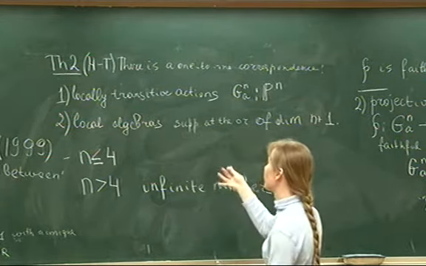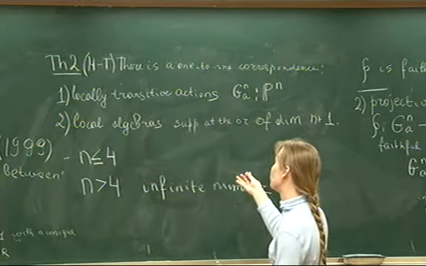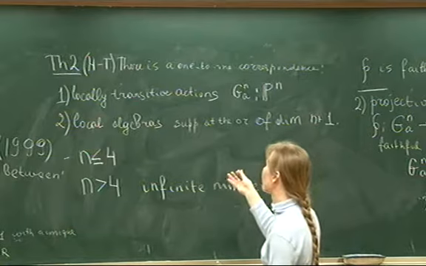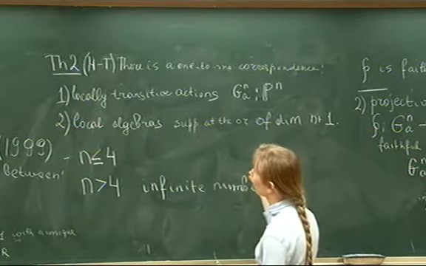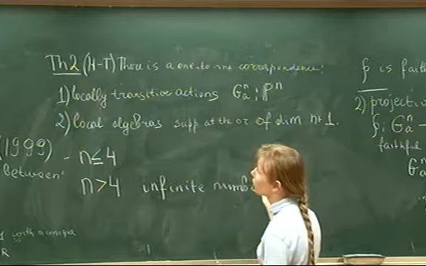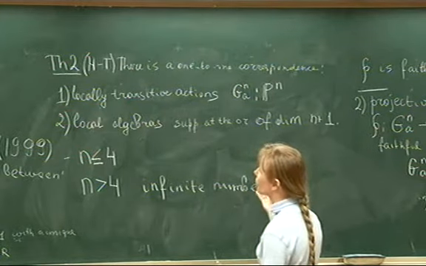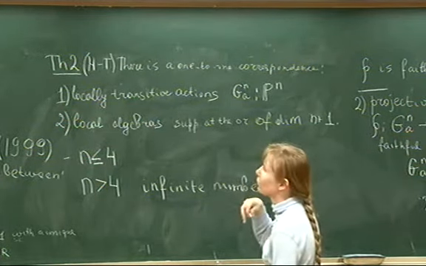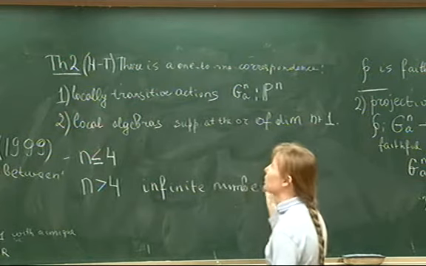For n equals 1 there is 1 action, for n equals 2 there are 2 actions, for n equals 3 there are 4 actions, and for n equals 4, I don't remember, about 10.